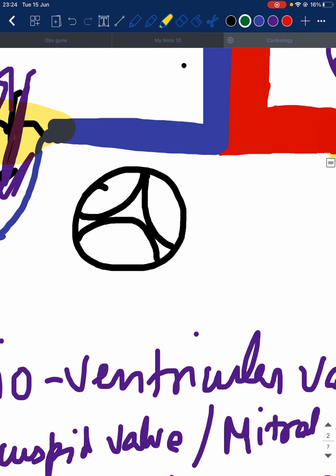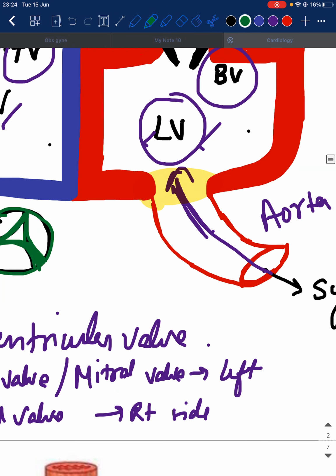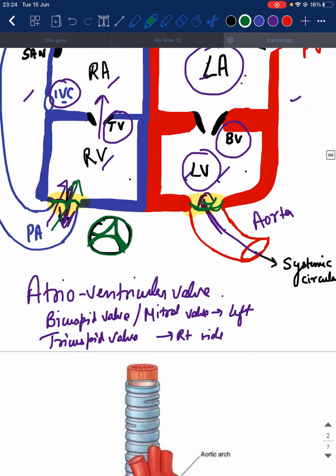It has cusps. Three cusps are there, first, second and third. So just imagine it's a hollow tube. In a tube there are valves. Three valves are there which prevent the blood from going back into the ventricles. So here also the valves are there. Three valves are there, known as semilunar valves.